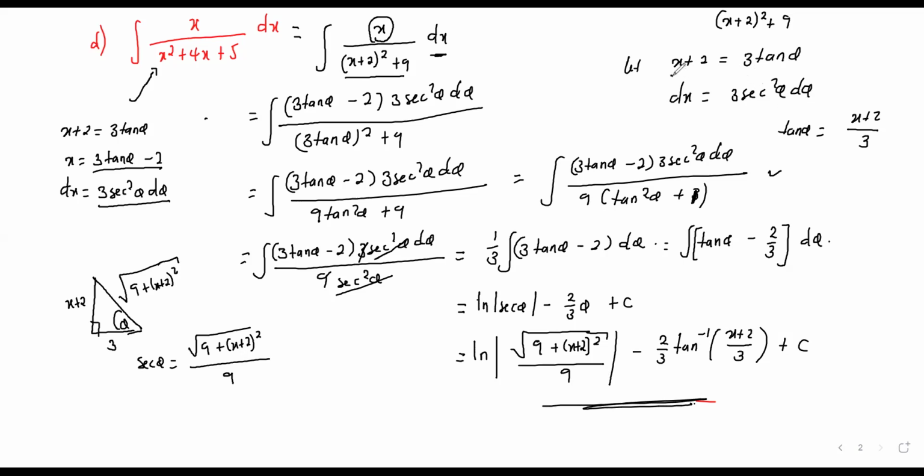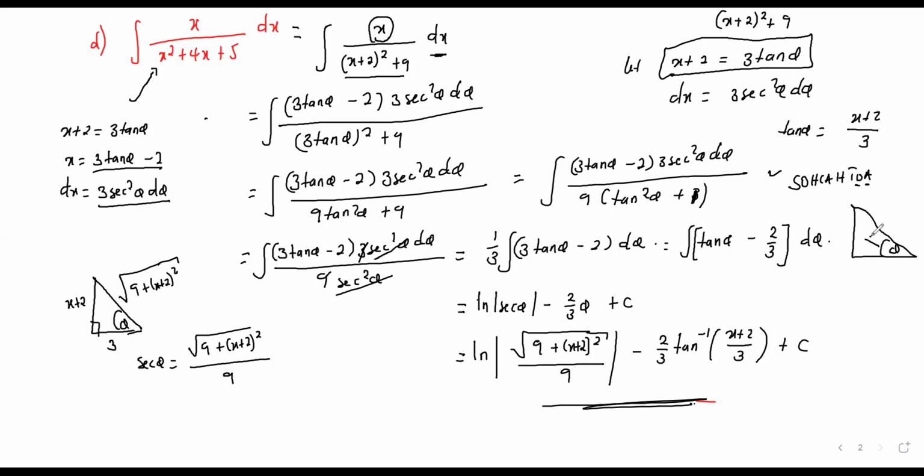So from here, you express tan as the subject of the formula. So you have tan theta equal to x plus 2 over 3. Then quickly remember that we are going to use SOHCAHTOA to form the triangle. So tan is opposite over adjacent. So when I form my triangle, this is theta.